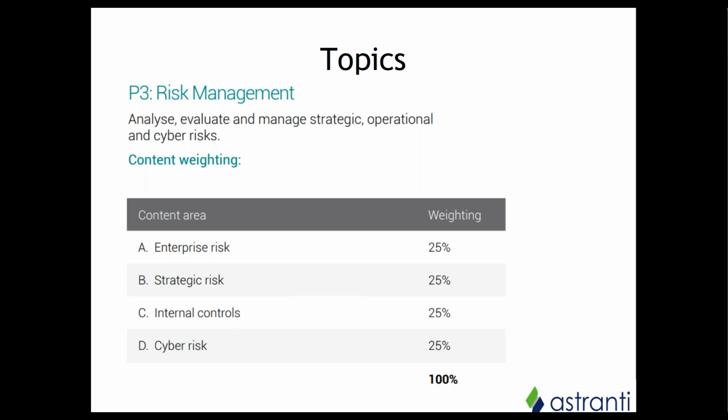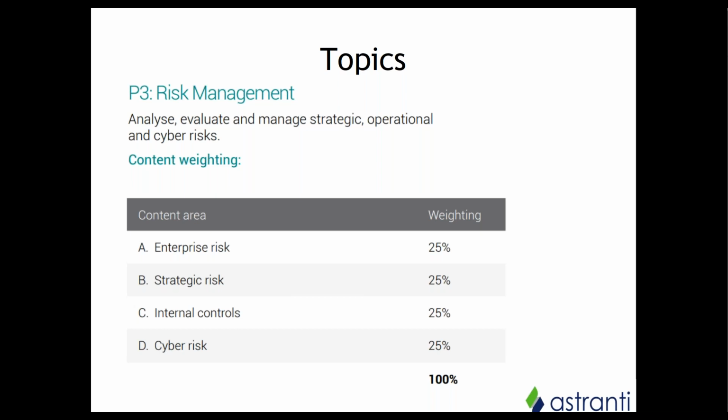Then for strategic risk, we are looking more to do with the risks of designing new strategies. So whereas enterprise risk is more once you're actually implementing strategies and you're carrying out your operations, this is more to do with how you make sure that the strategies themselves are sound and they are not risky. You are considering things that could go wrong with strategies that you're implementing, etc.